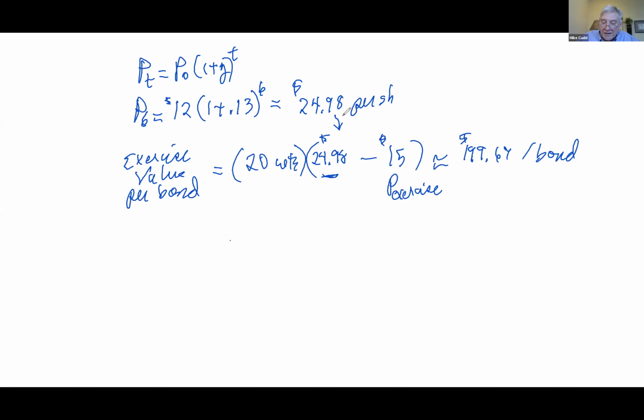So Blake Corporation is forecasting that in 6 years, they're going to lose, in a sense, around $200 per bond. They're going to have to provide stock worth 25 to the warrant holders and only get $15 a share for it.